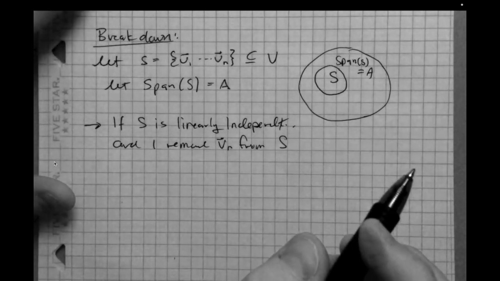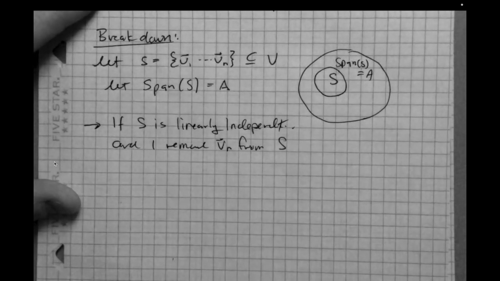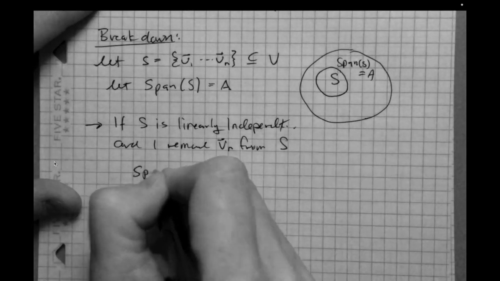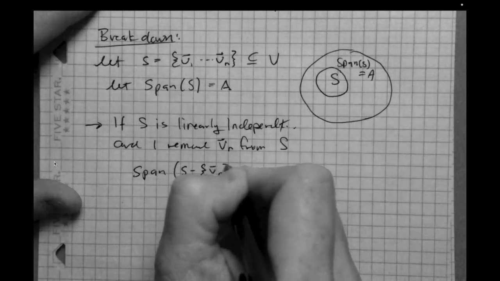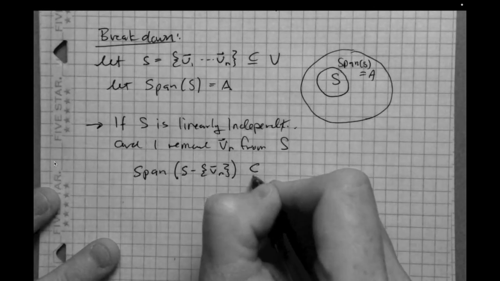Well, the span will be smaller. The span of S minus Vn is going to be a proper subset of A, a proper subset.